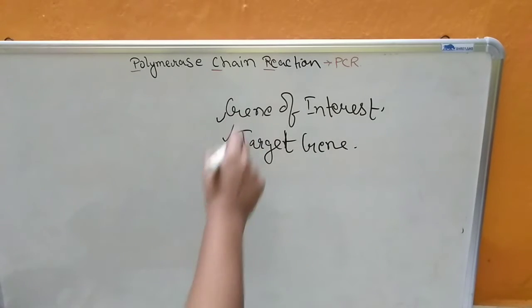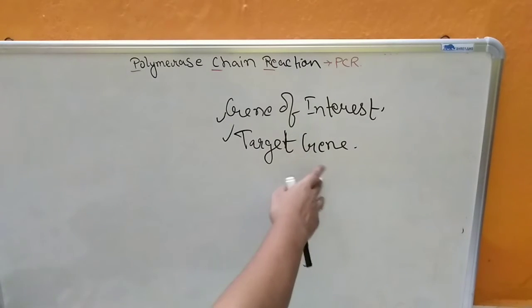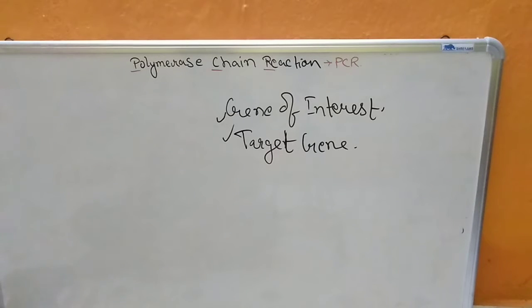These two are the main factors in biotechnology which carry the desired characters within themselves, and through the process of biotechnology our main goal is to multiply this gene into multiple copies so that they can be utilized whenever we need them.